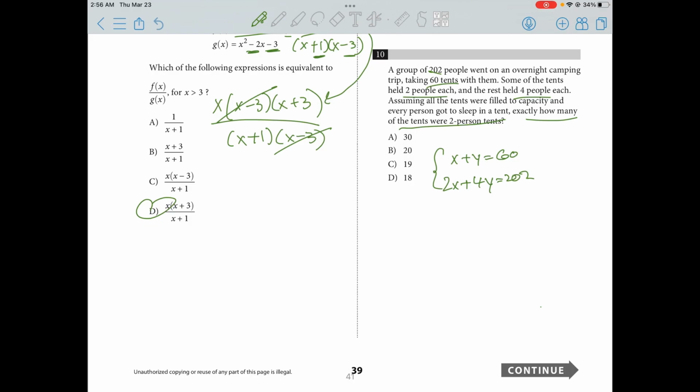So what are we solving for here? We're solving for how many of the tents were 2-person tents. Basically, we're solving for x. That means we need to rearrange the variable so we get x on everything. Distribute.